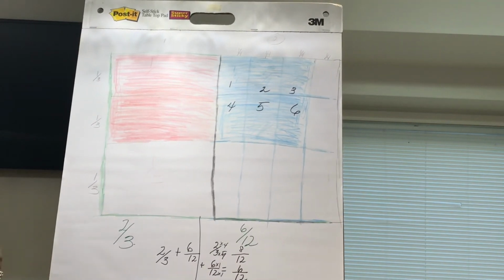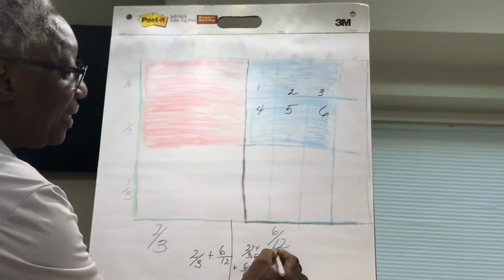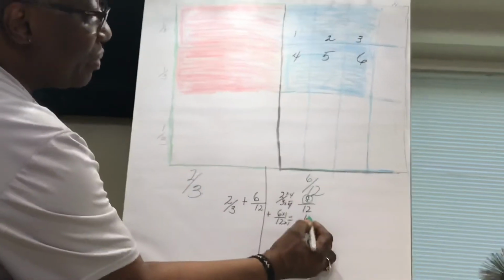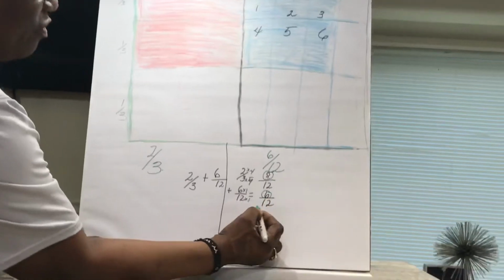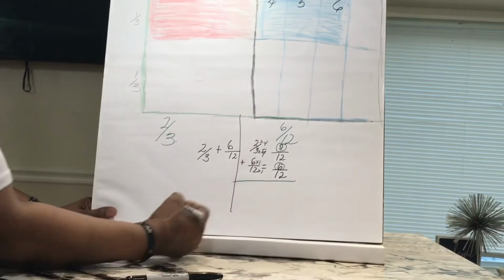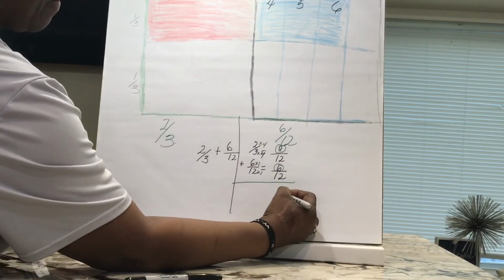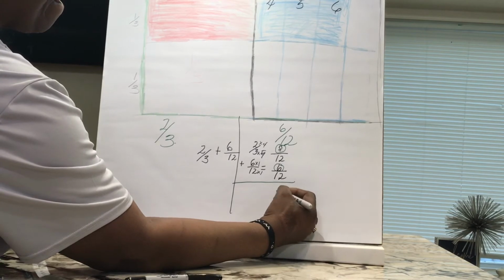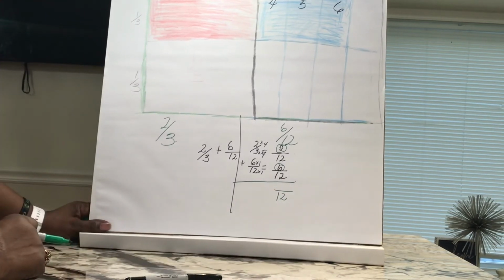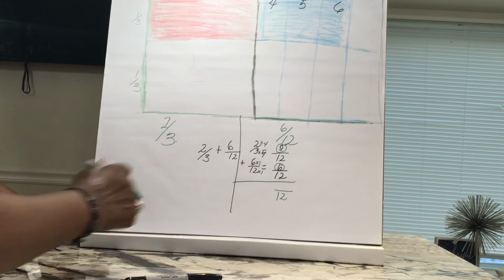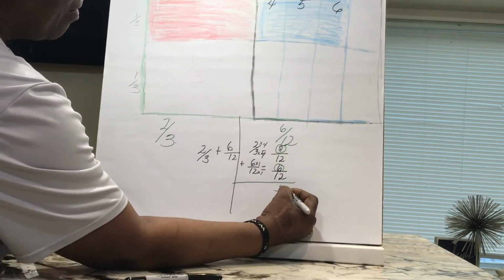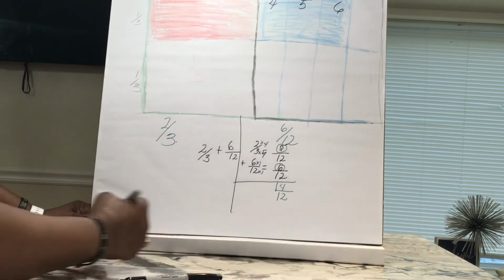We have 8/12 plus 6/12, and that's going to give us how many 12ths? You said 14, that is correct. 14/12.